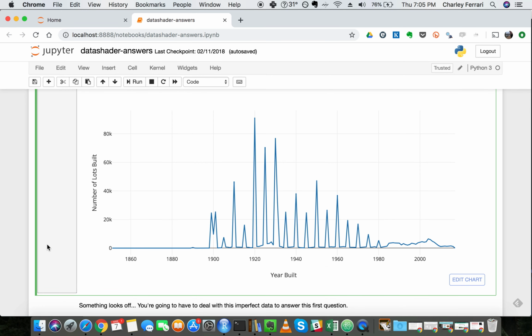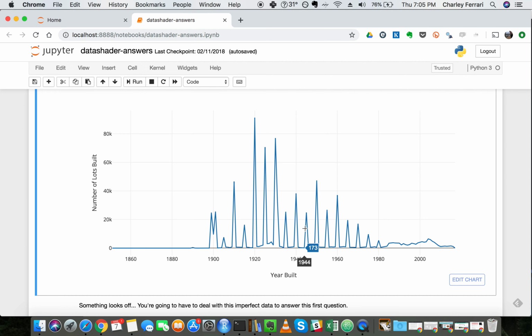As I mentioned two meetups ago, when we were first previewing this assignment, there's something happening with the data here. You can see that it's spiky and something appears to be off. When we talked about this during that last meetup, we realized that this is really a problem with data accuracy. These spikes are really at the every 5 and 10 year marks.